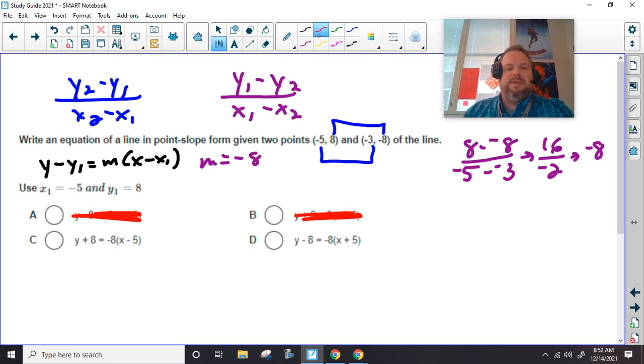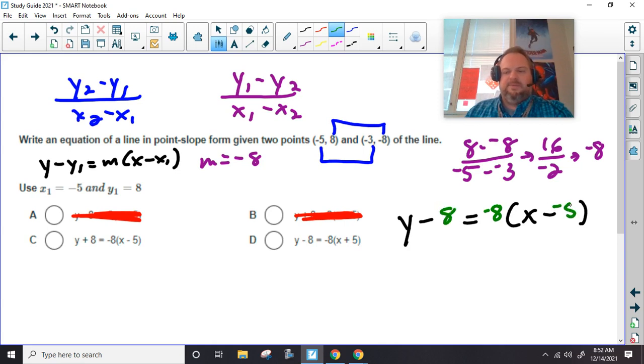And it says use x1 is -5 and y1 is 8. Well, if I plug that in, I'm plugging in -8 here, 8 here, -5.